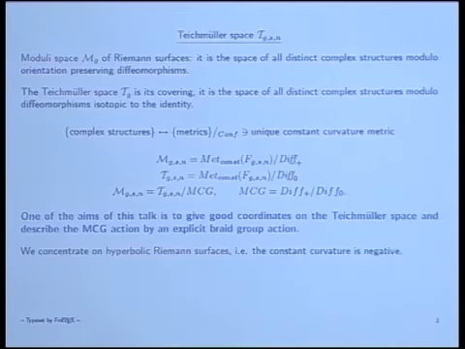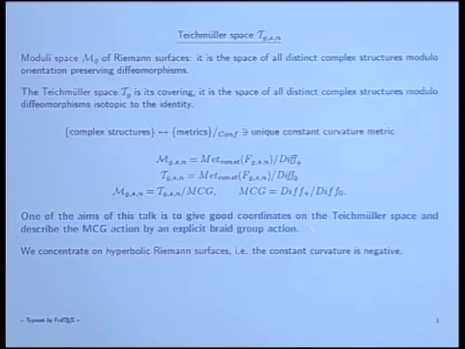Okay, so you can define the moduli space as the constant curvature metrics you can put on a Riemann surface up to orientation preserving diffeomorphism, and the Teichmuller space is the same object up to diffeomorphisms isotopic to the identity.